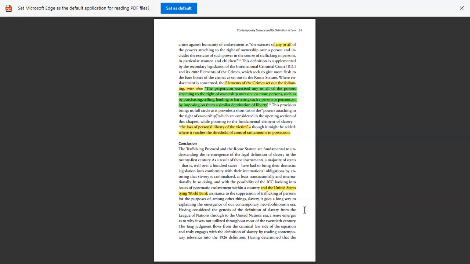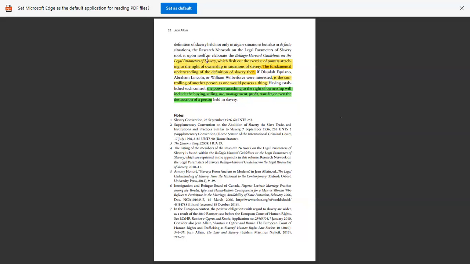So they got slavery from, considered the genesis of the definition of slavery from the League of Nations through the United Nations, and they work it all the way up to the Tang judgment, and through all of these, they got legal parameters, the Bellagio-Harvard guidelines, the legal parameters of slavery, which flesh out the exercise of powers attaching to the right of ownership in situations of slavery, again, conditions like slavery.